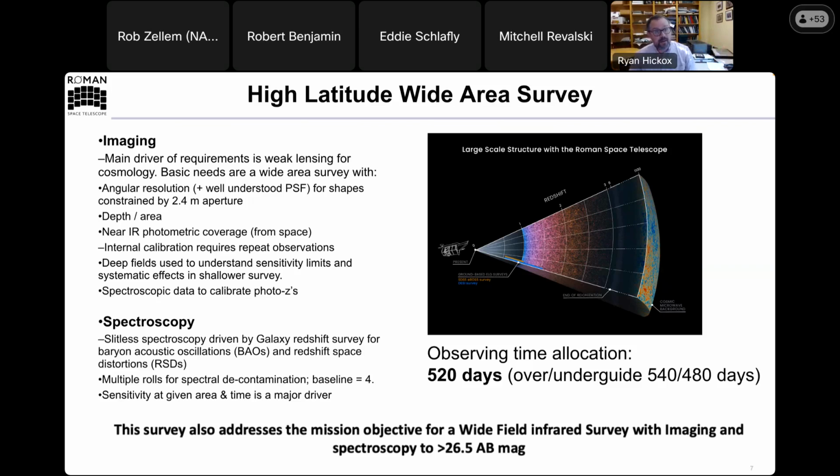Now, one thing to emphasize, and this will become important as we go along, is that the observing time allocation is finite for any one of these surveys. In this particular case, the guidance we've been given is an allocation of 520 days total observations. And as part of our report, we'll also provide a configuration that we would recommend for an overguide of 540 days and also an underguide of 480 days.